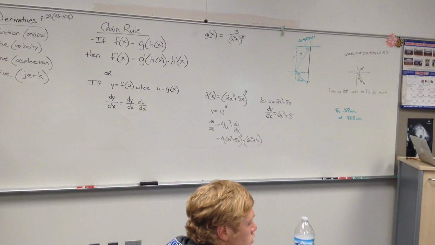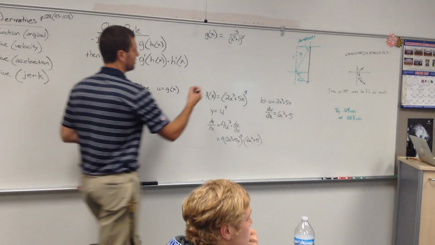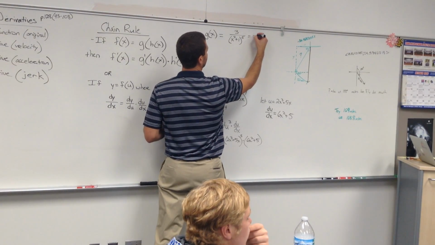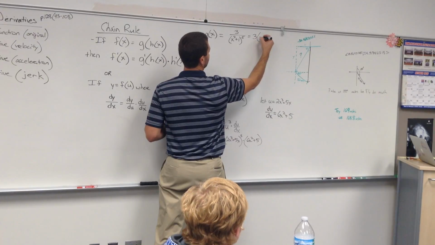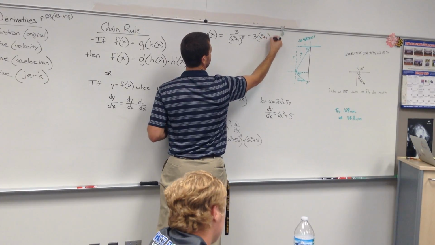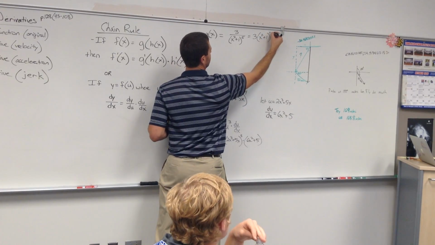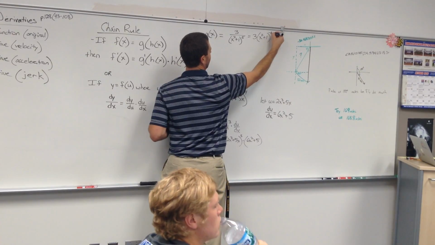Now, we could use the quotient rule, but within the quotient rule, I would have to use the chain rule. Okay? So instead, I'm actually going to rewrite this. 3 times x squared plus 1 to the what power? Negative 5.